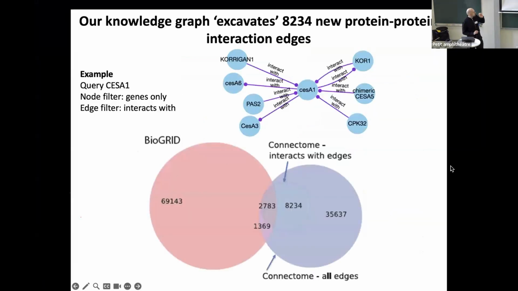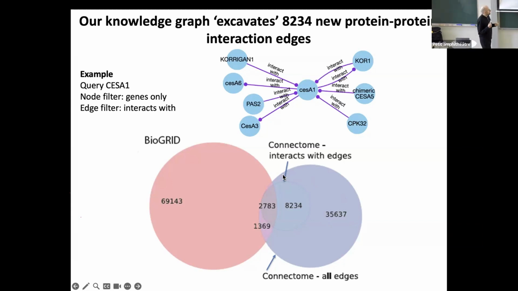Yes, but what was very cool here is that all in all, we identified 11,000 protein-protein interactions, and 8,200 were found specifically by our tools. On the left here, you see BioGrid, which is like the gold standard repository of protein-protein interactions available.